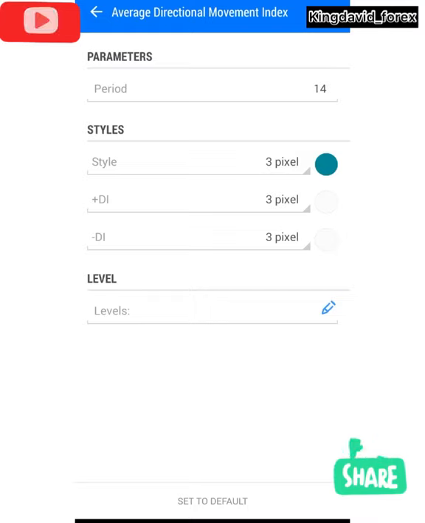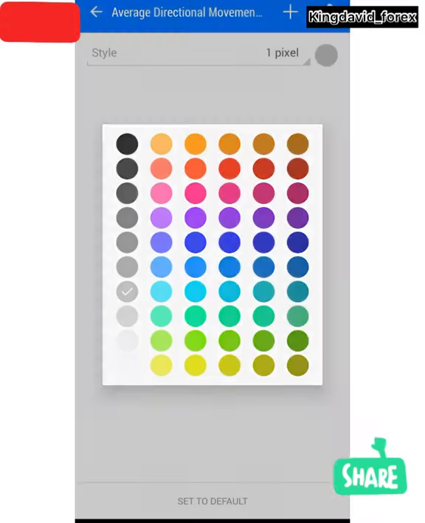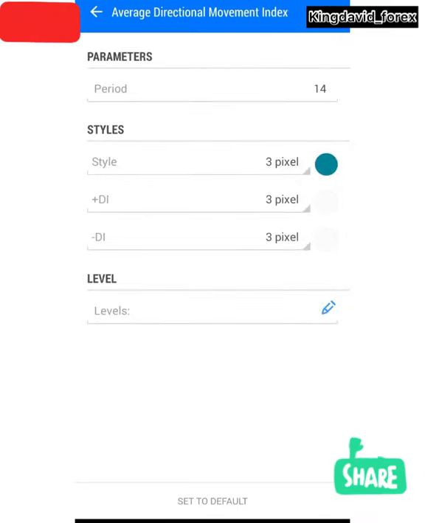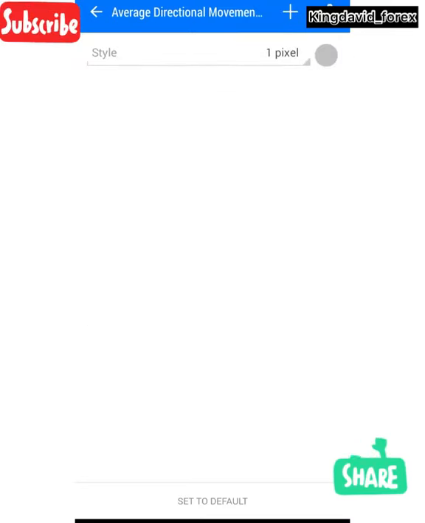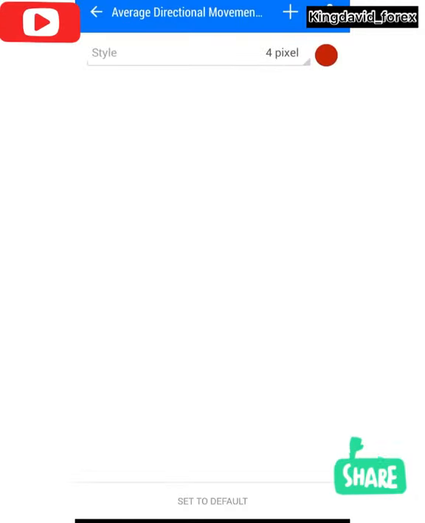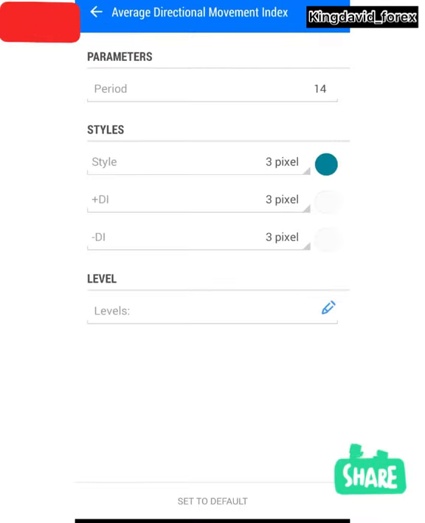Then you go to your levels, then you can change the color to probably red or any color you want, or probably blue. Then you click on this top plus here, click on pixel, and try to pick this level.